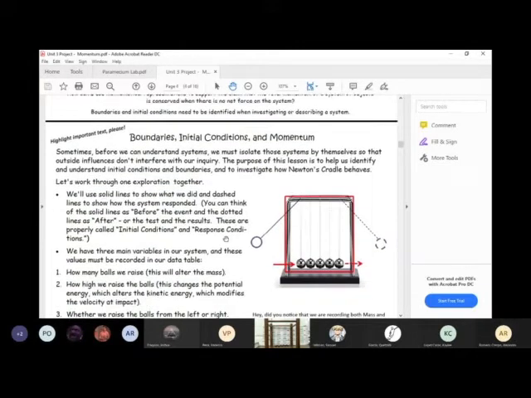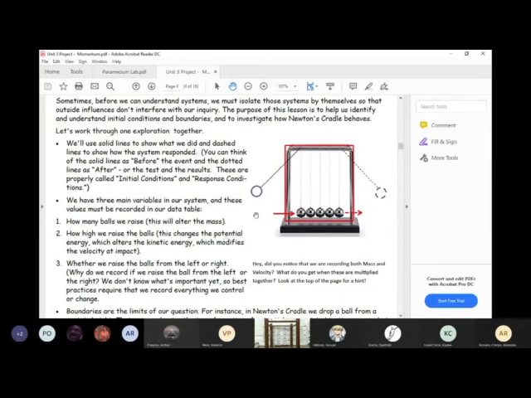Okay, and then we talked about our initial conditions and our boundaries. So we're going to be looking at that. What we're really interested in is the velocity as the ball enters this boundary, and the velocity as the ball exits the boundary. Same thing for mass. So we're ignoring the influence of my hand out here and the energy that powered my hand from my food and the energy that powered the food from the sun.